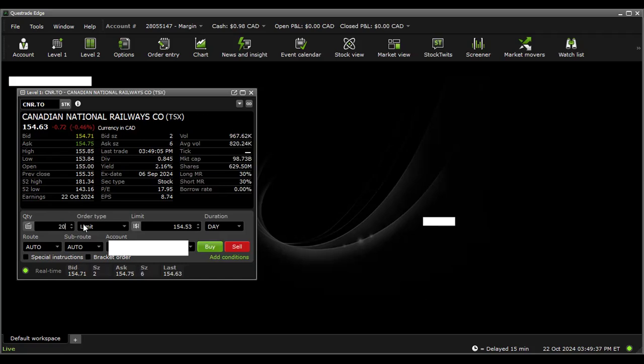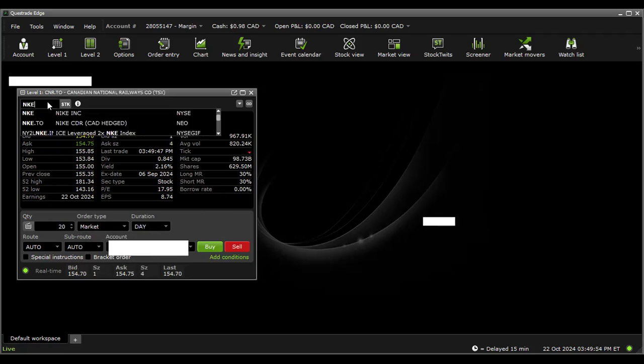And then here is the limit. For the buy, you put the market, right? But here you have to type in the one that you're looking for, which is Nike.